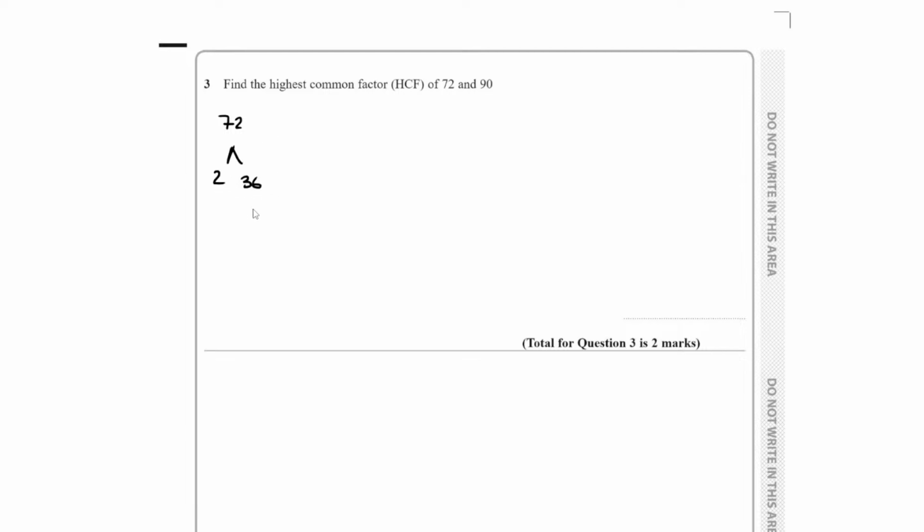I prefer to do the Venn diagrams though, some people think it's longer, I think it's just easier. So I'm going to split it into the product of prime factors. I normally start with 2 until it's no longer even, and then I would do 3 or 5. So 2 again. Now this one's already no longer even, so I'd probably do 5.